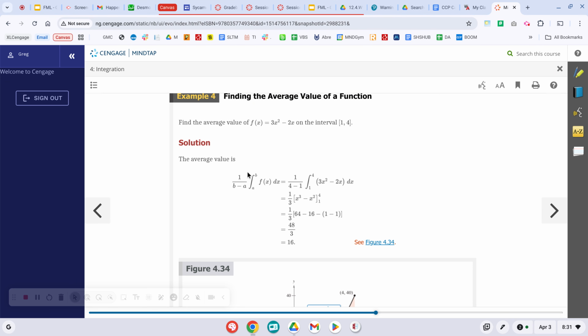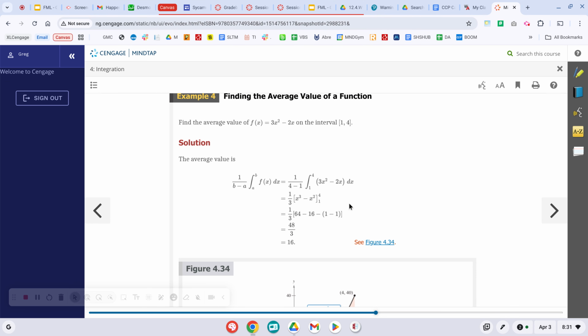All right, well, you could do 1 over 4 minus 1, so 1/3. And then you got to take the integral of this. So this is 3x cubed over 3. That's x cubed. 2x squared over 2. That's x squared. We have to evaluate it from 1 to 4. You put the 4 in first. You put the 1 in second. And you get 48/3, which is 16.